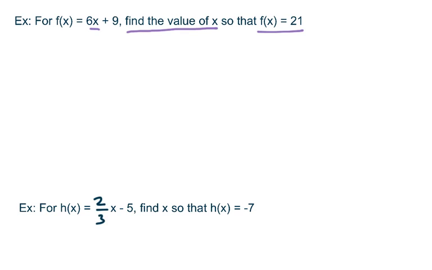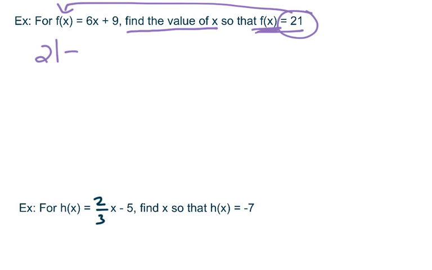It says that f of x is equal to 21. So we're going to take this 21 and replace this entire part. So it's going to be 21 equals 6x plus 9. We're not going to replace x because the problem tells us to find the value of x. They're not going to tell us to find x and then give it to us. That doesn't make sense.